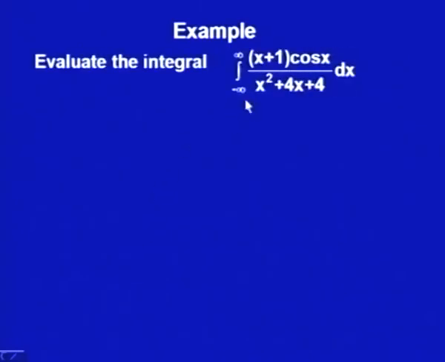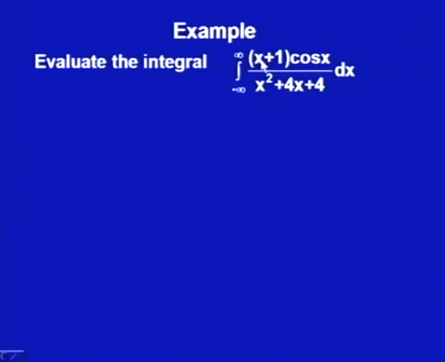Evaluate the integral from minus infinity to plus infinity of (x plus 1) cos x upon x square plus 4x plus 4 dx. Now, you see here we again have an integral of the form minus infinity to plus infinity f(x) cos x dx.